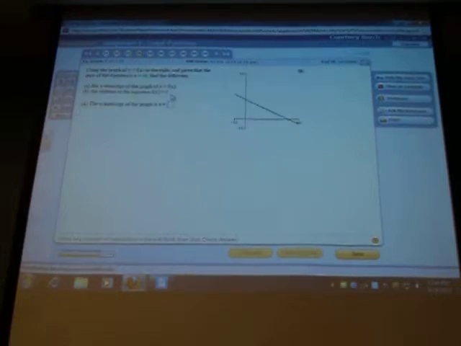Oh, 24. 24 is another one where it's going to have the same answer, because remember I said the x-intercept and the 0 are the same question. f of x equals 0 means y equals 0. So if you set y equals 0, you're also talking about the x-intercept.